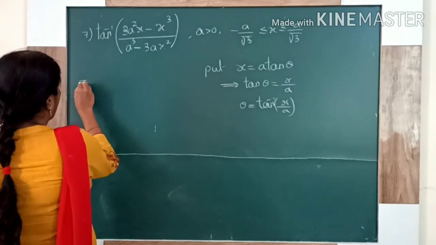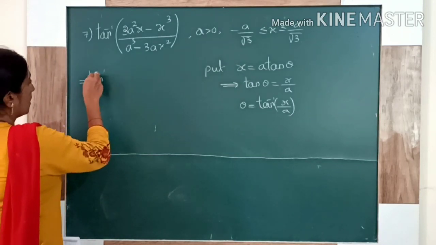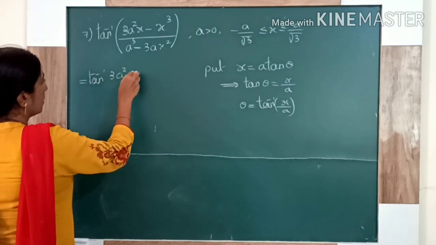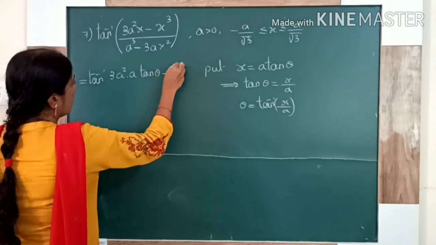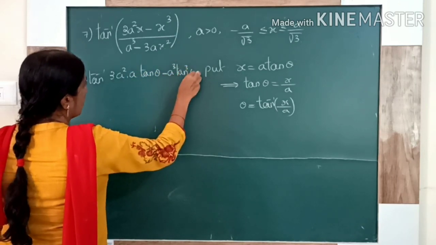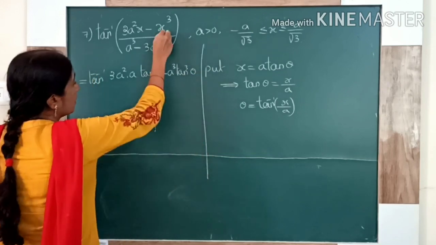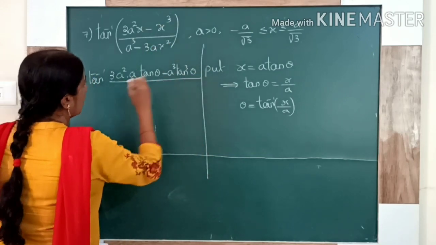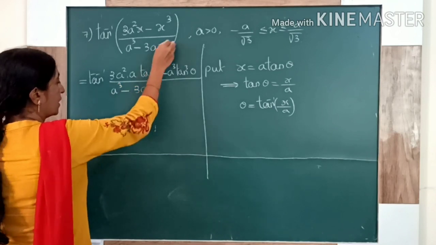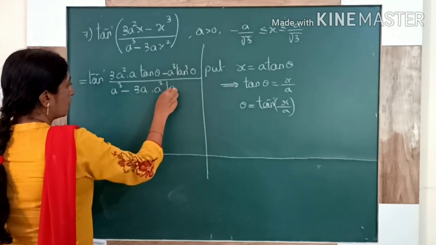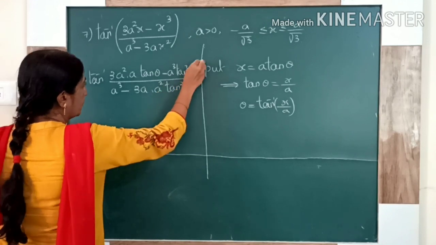Now I am writing that value. Tan inverse of 3a square into a tan theta minus a cube tan cube theta, because it is x cube upon a cube, as it is, minus 3a as it is, x square is a square tan square theta.